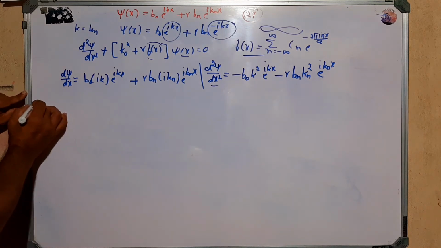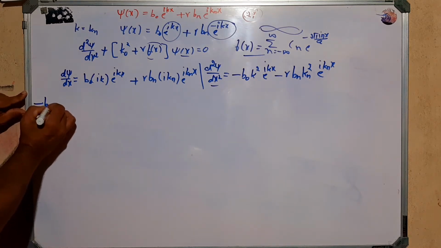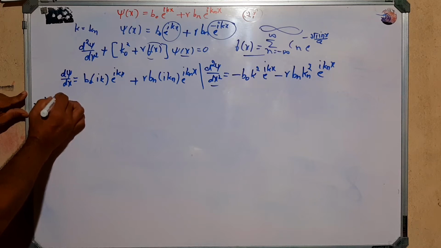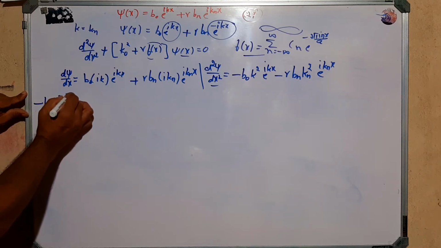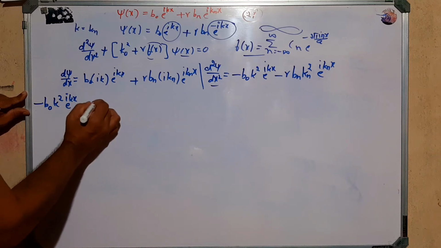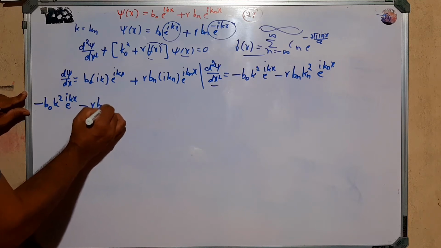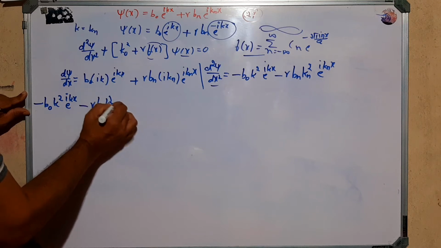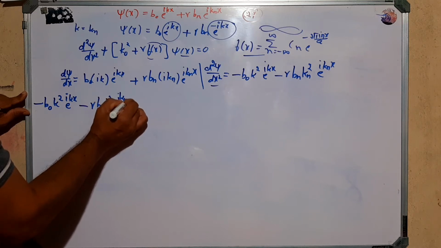You will get minus b₀ k² e^(ikx) minus γ bₙ kₙ² e^(iknx).